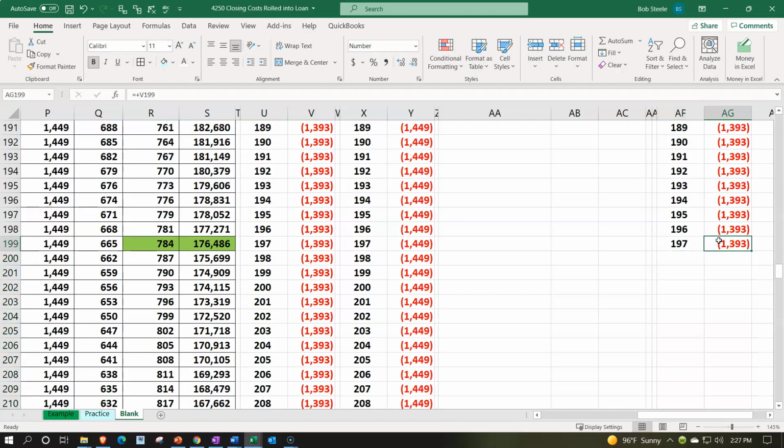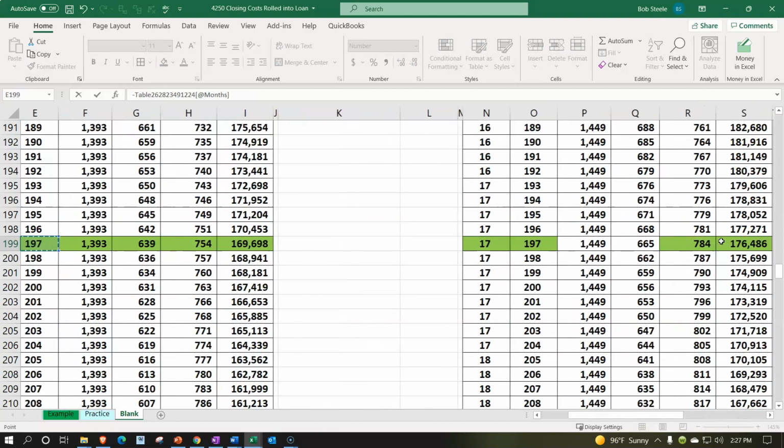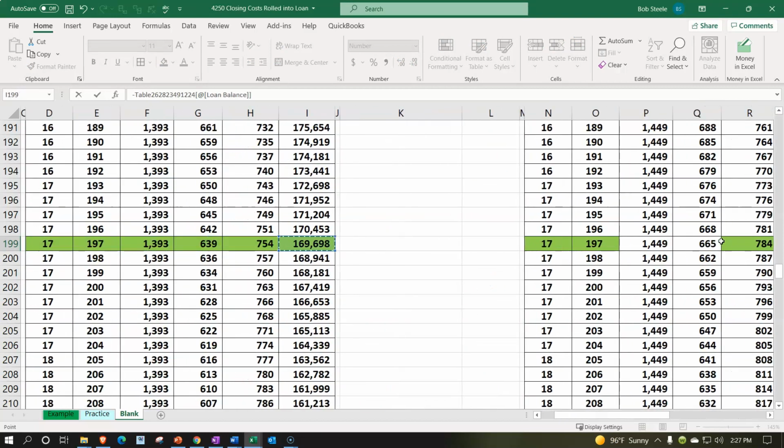Now, if this was the end, we'd have to pay off the ending balance if we stopped it at this point. So we could say, okay, well, what would the ending balance be then? If we take, I'm going to say this is negative, scrolling all the way over here. So we'd have this ending balance that we'd have to pay off and minus the payment of the 1393.